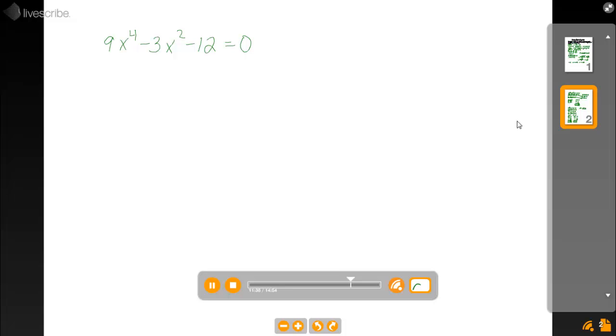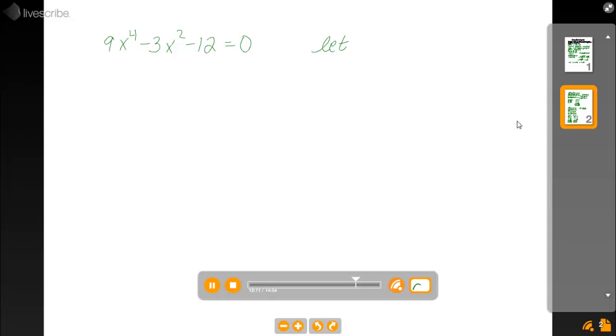I can't really guess a solution right away like we did with the first example. It's kind of complicated. This is a quartic, but it's a very special quartic. It's kind of like a quadratic-y quartic. I mean, we're missing the cubic term, we're missing the linear term. It almost looks quadratic. So a trick is to actually make it a quadratic.